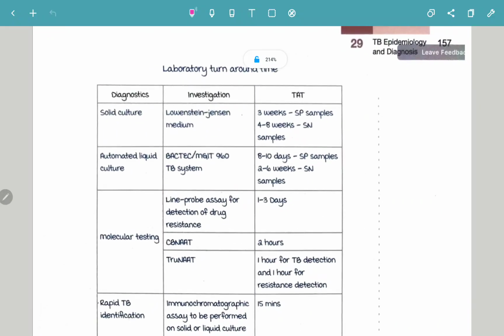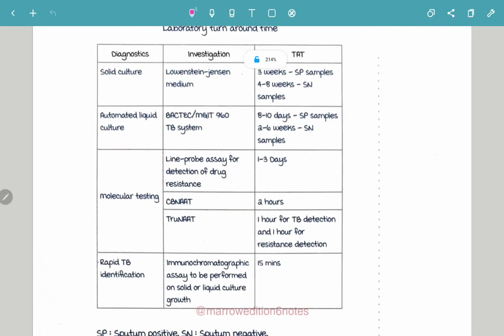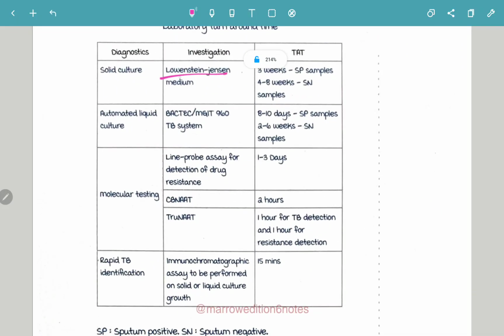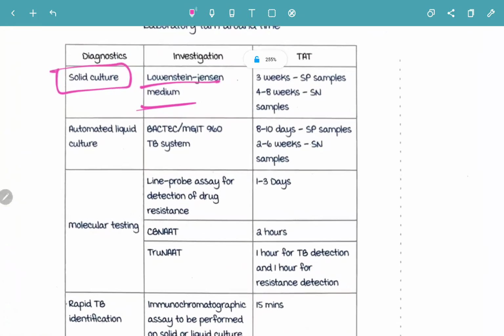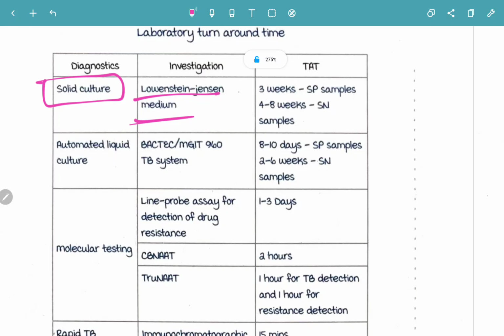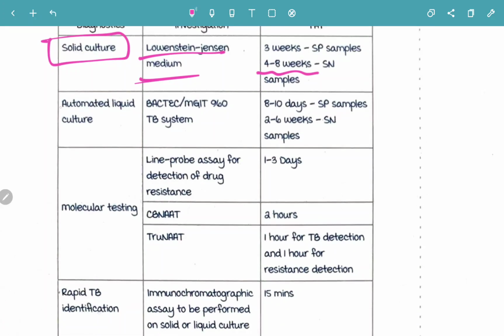And this is the laboratory turnaround time. Solid culture, remember, is going to be your Lowenstein-Jensen medium. So the time is around, you need at least 4 to 8 weeks for the samples. Then automated liquid culture, Bactec or MGIT 960 TB system. So it's going to take around 2 weeks.